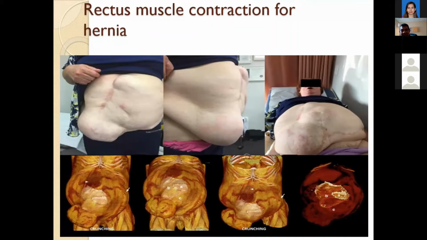But if the swelling in the abdomen becomes more prominent, it is related to the swelling actually originating at the anterior abdominal muscle. That's the importance of contraction of rectus muscle in clinical examination. So you need to know anatomy to apply this and to give a good diagnosis.